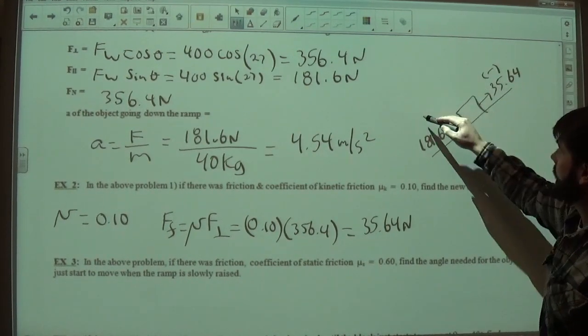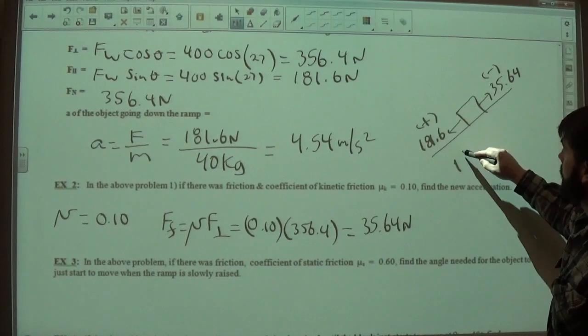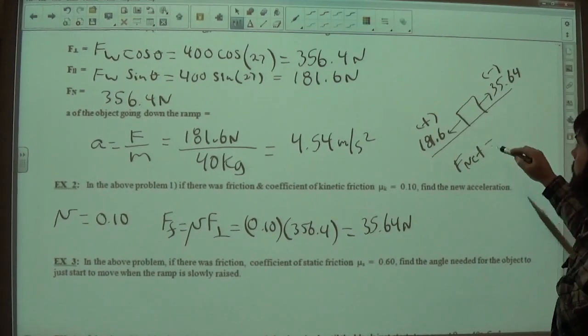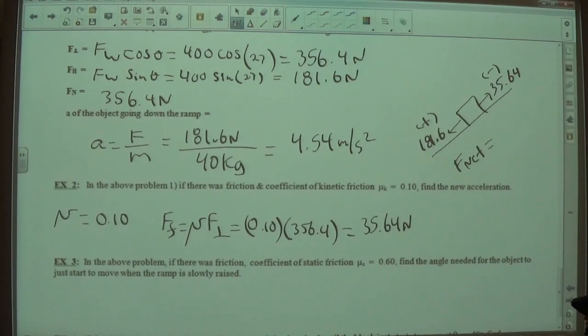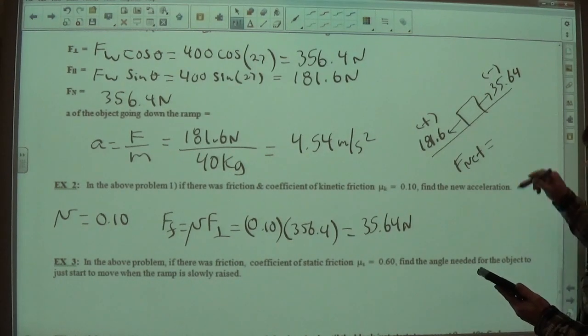So consider this one a positive and this one a negative to figure out your net force, because that's what we really want. So the net force is equal to that 181.6, which we used in the previous example because there was no friction, and I'm going to subtract 35.64.